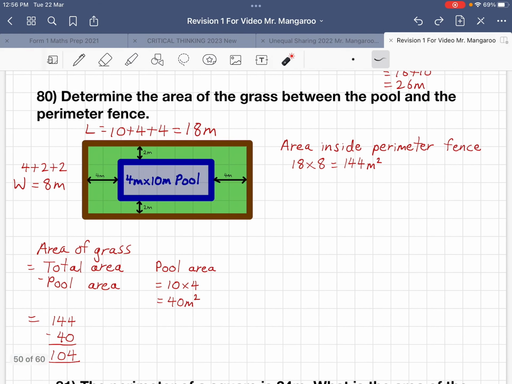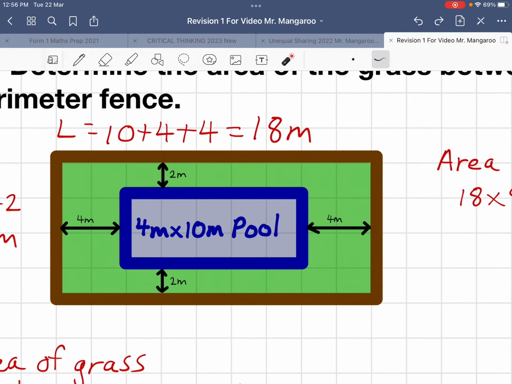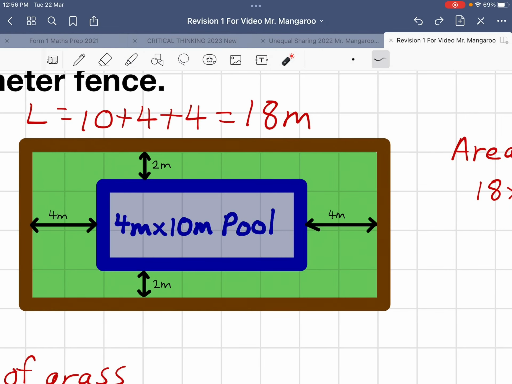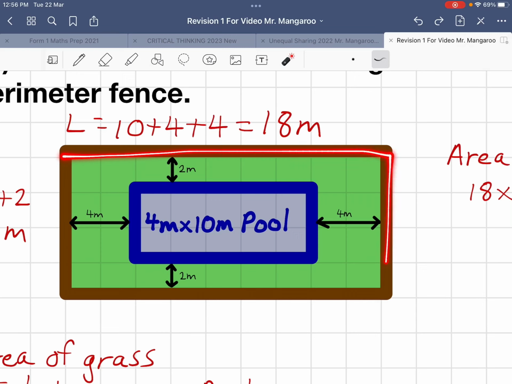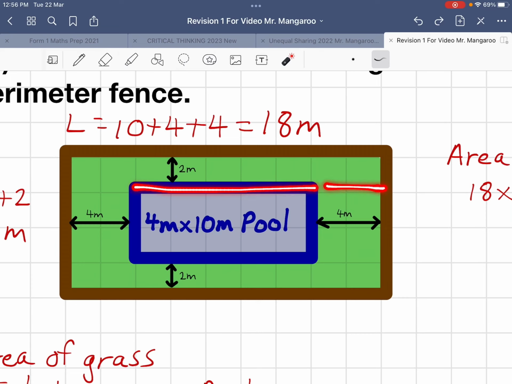80. Determine the area of the grass between the pool and the perimeter fence. So we have the pool area, or rather we have its length and width. So we can determine the length and width of the perimeter fence. So if this is given to be 10, we add 4 and 4.